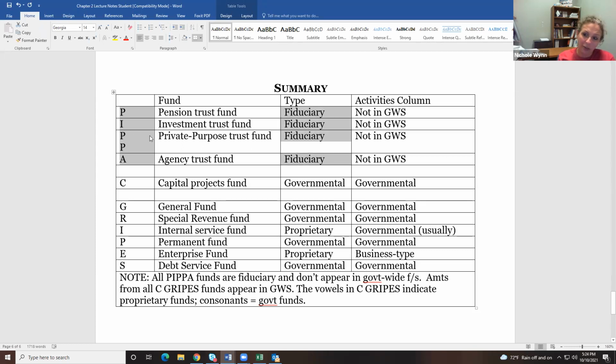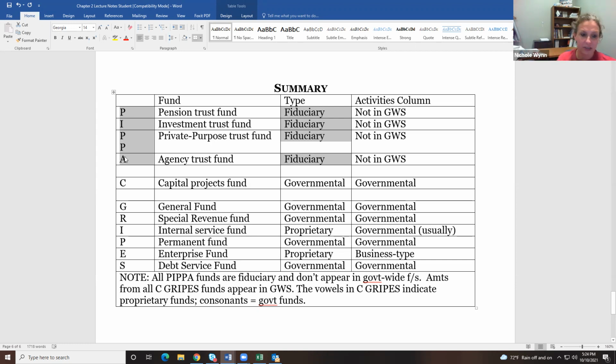Your quizzes and exams are going to be open book, but that didn't happen for my students taking this class on Monday, Wednesday, Friday at 9 every other spring. And it won't happen on the CPA exam. On the CPA exam, it's not open book, so you have to remember. So Pippa is your fiduciary accounts: pension, investment, private purpose, agency.